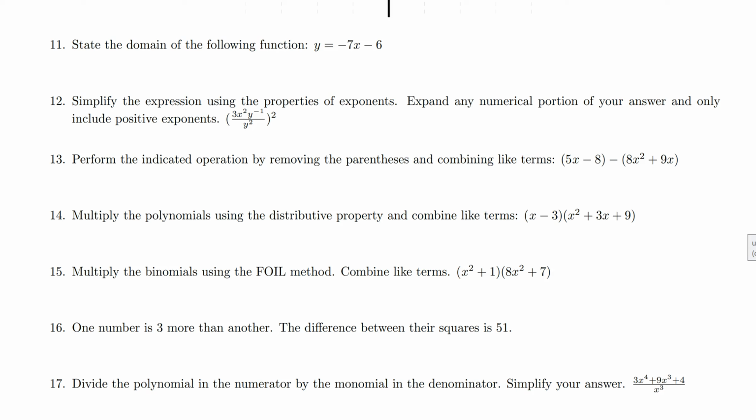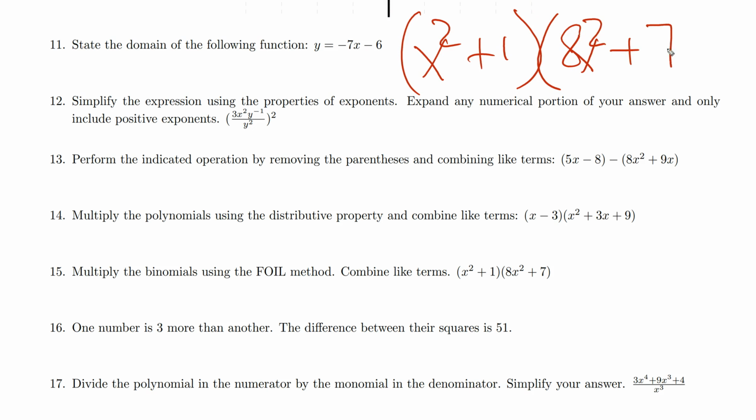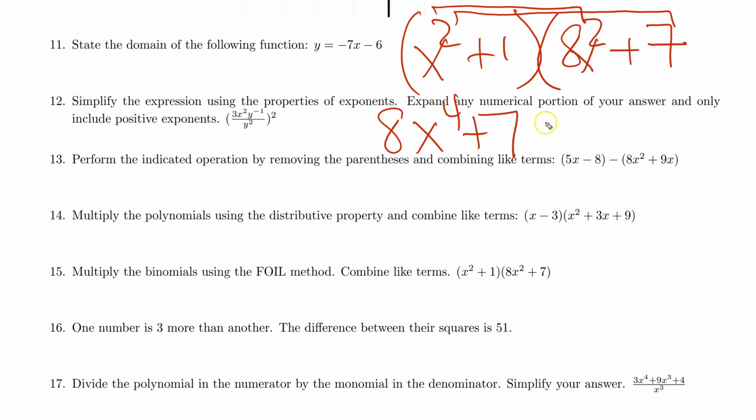Okay, here they want us to use the FOIL. So we have x squared plus 1 and 8x squared plus 7. So the FOIL, multiply these two, they give us 8x to the fourth. Do our outers, we get a plus 7x squared.